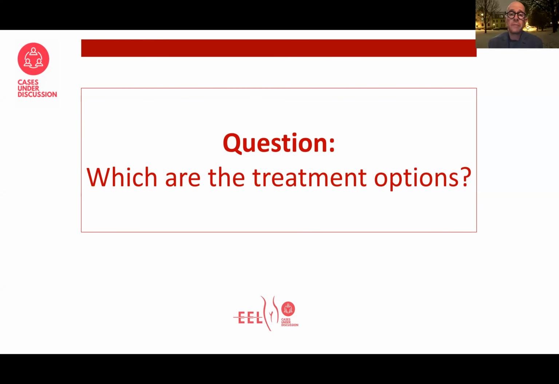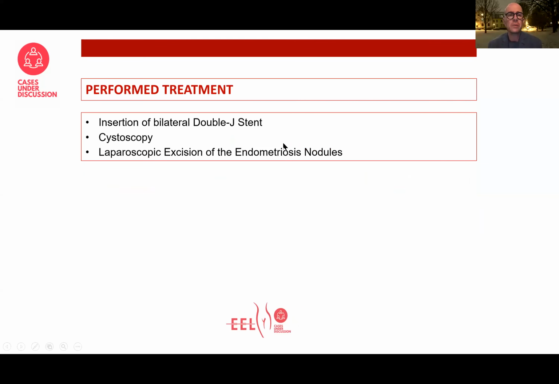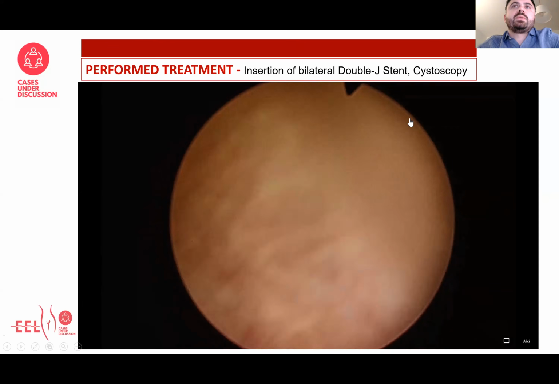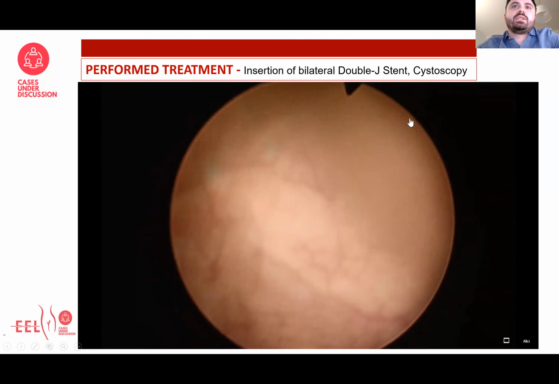Okay, thank you. Arlene, please show us the treatment approach, and I think there will be a video. Yes, 2 videos. So the preferred treatment was the insertion of bilateral DJ stents, cystoscopy, and the laparoscopic excision of the endometriosis nodules. The first video is the cystoscopy with the insertion of the bilateral DJs.